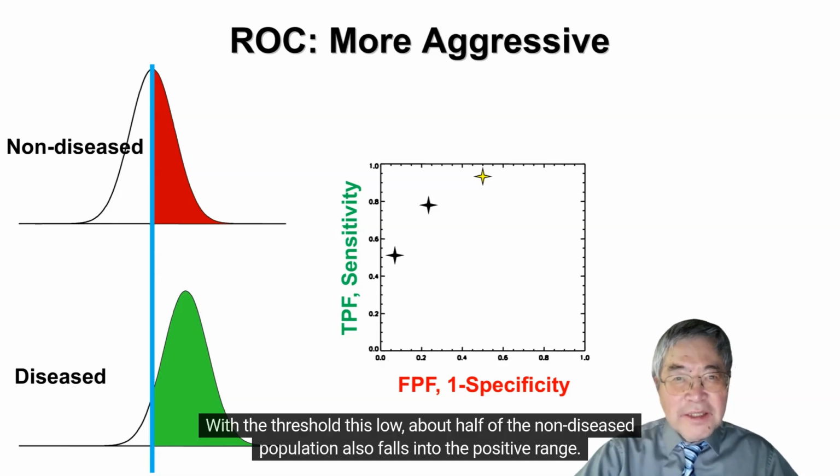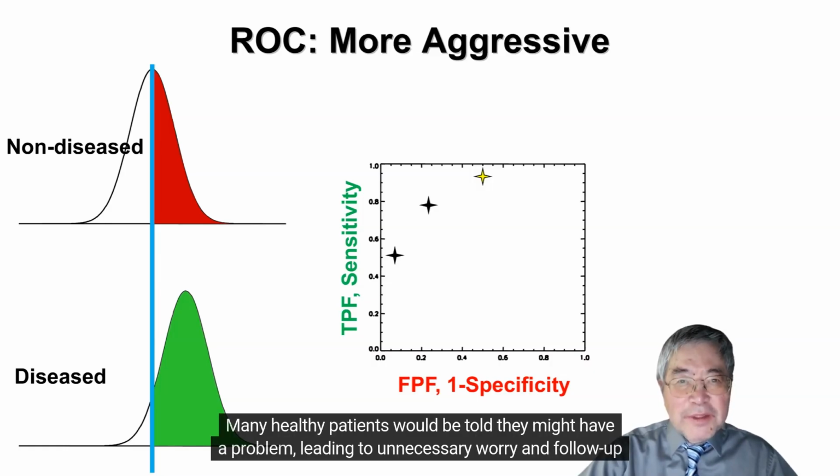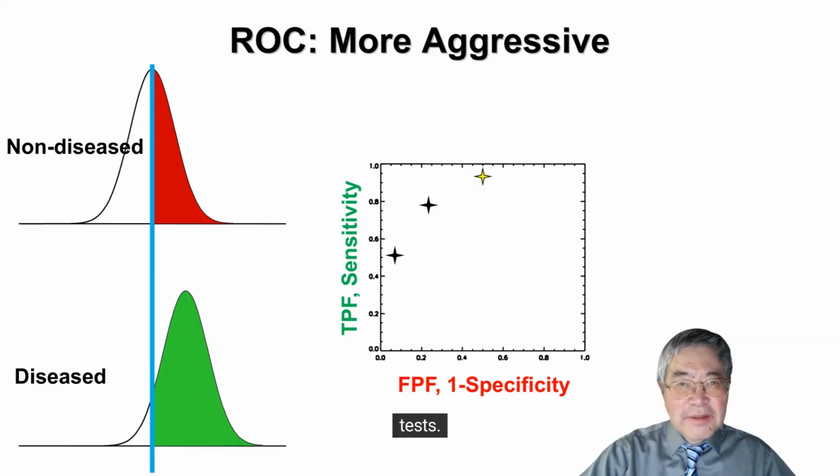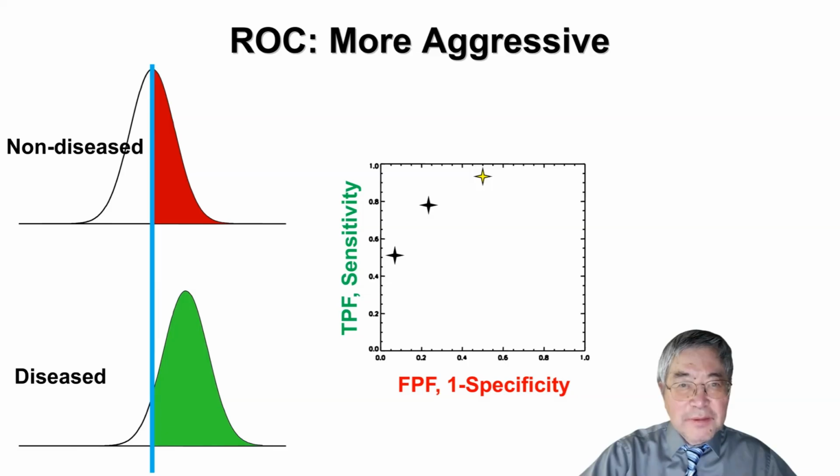With the threshold this low, about half of the non-diseased population also falls into the positive range. In other words, the false positive fraction climbs to nearly 50%. Many healthy patients would be told they might have a problem, leading to unnecessary worry and follow-up tests. On the ROC curve, this decision strategy places us near the top right portion, very sensitive but much less specific.